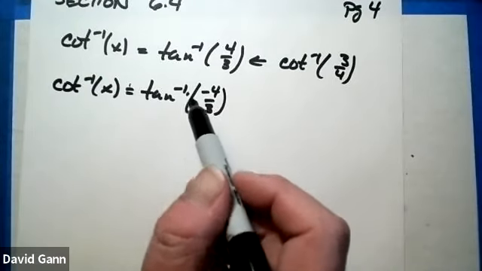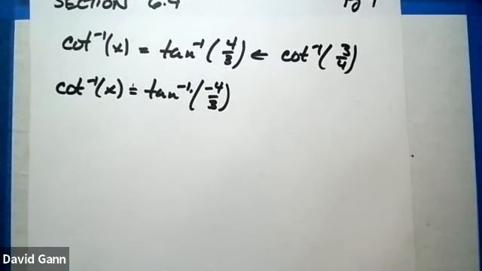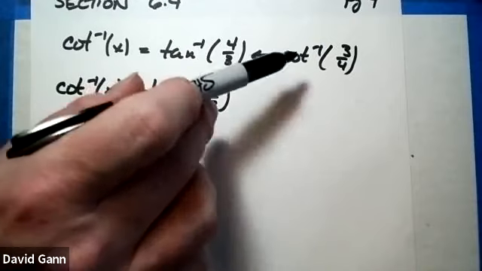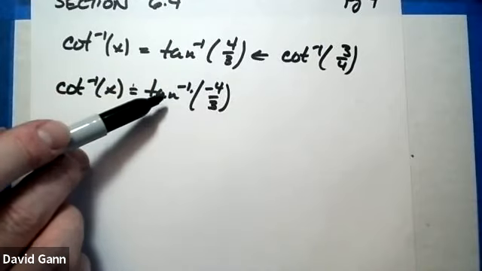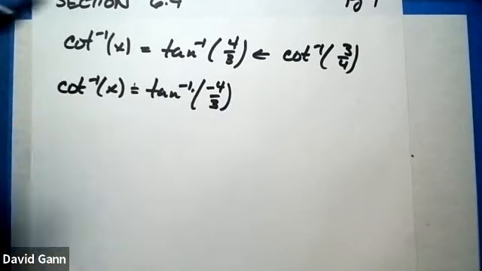Remember, we even spent, I can't remember which section it was, but we spent this whole space talking about what the piecewise function you'd have to write for inverse cotangent. And it turns out that this is not just simply inverse cotangent of 3/4 or -3/4.